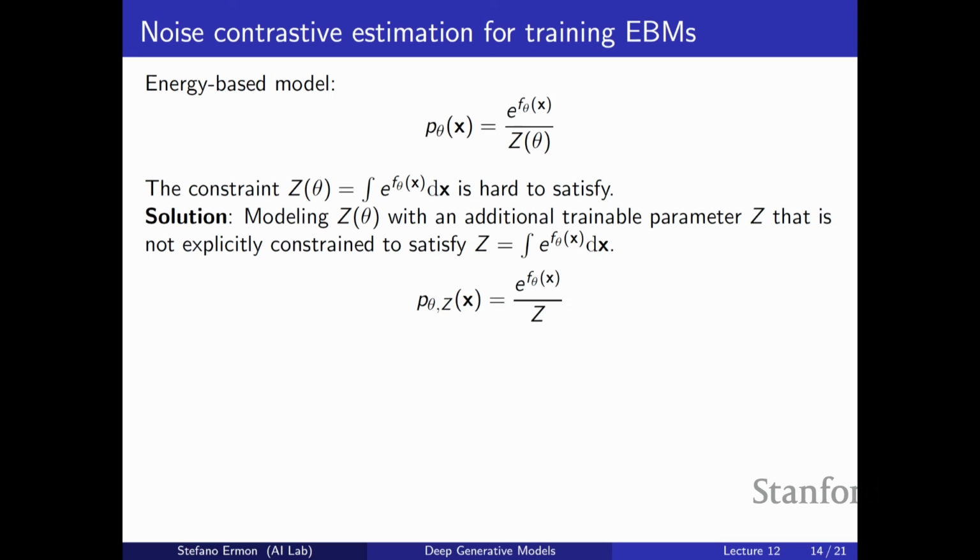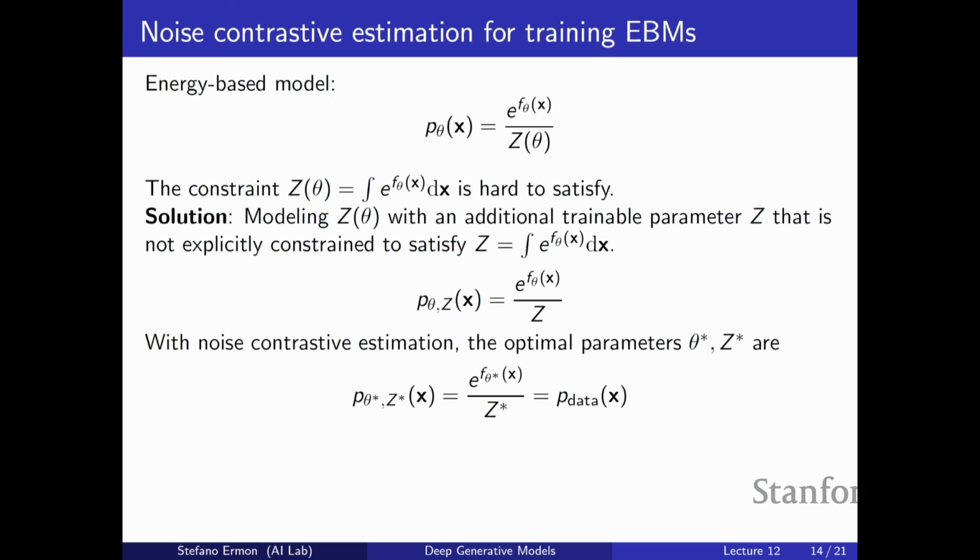And so if you do that, then the density model that we're going to use in the classifier now depends on theta and depends on z. The idea is that if we plug this expression into the discriminator, and we train the discriminator the usual way by minimizing cross-entropy, we know that under the optimal parameters, the density model that we're using to build the classifier will have to match the data distribution.